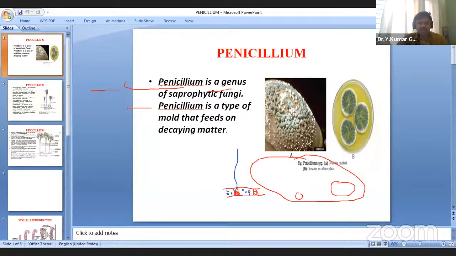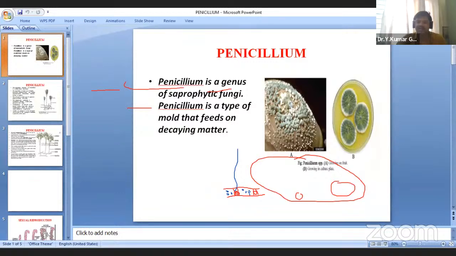After the mycelium, next we discuss the cell wall. This is the order, I already told you. In the general characters, in any study, first we discuss the habitat and distribution, how they grow. After that, the structure of the mycelium, the structure of the vegetative body.